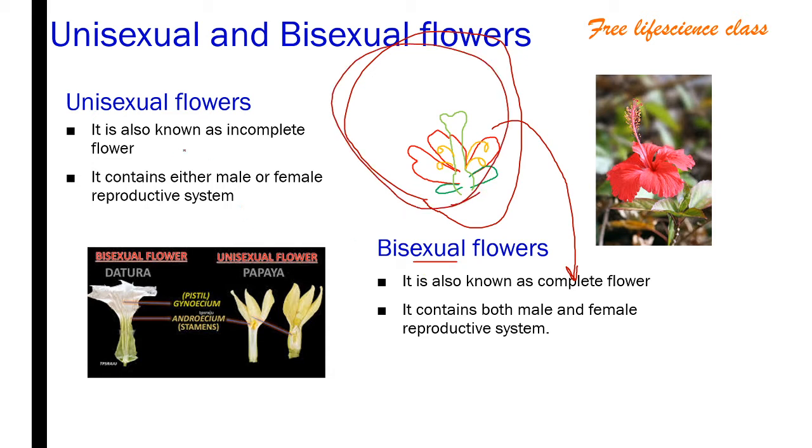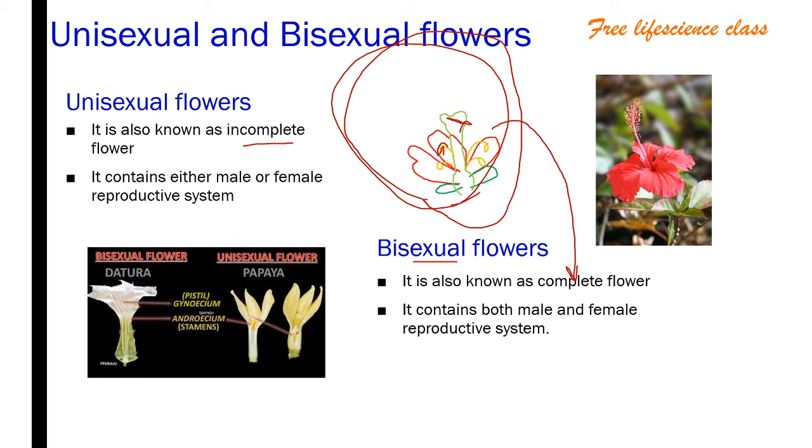But in case of an incomplete flower, what happens? There will not be stamens or the female part. So either stamen will be present or the carpel will be present. Such types of flowers are termed as unisexual.